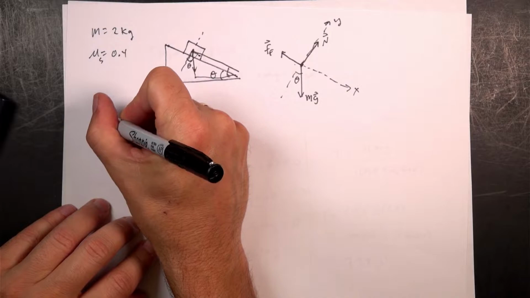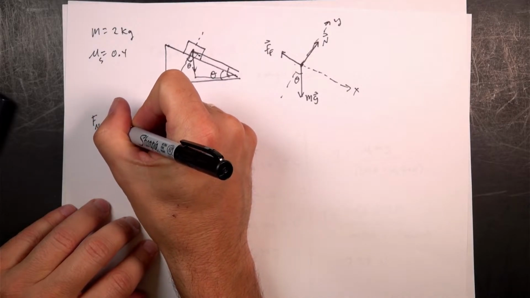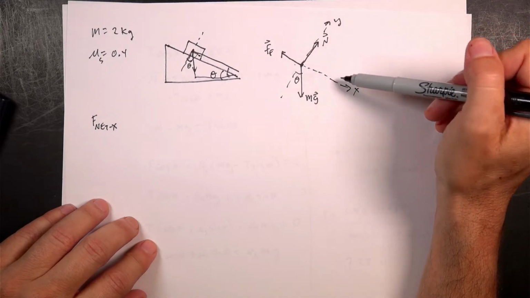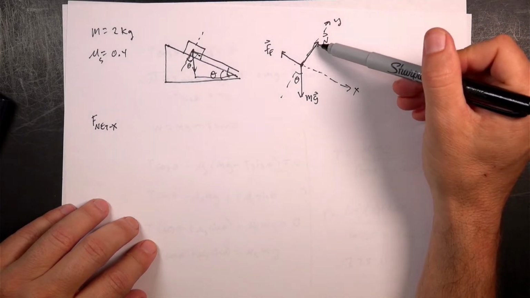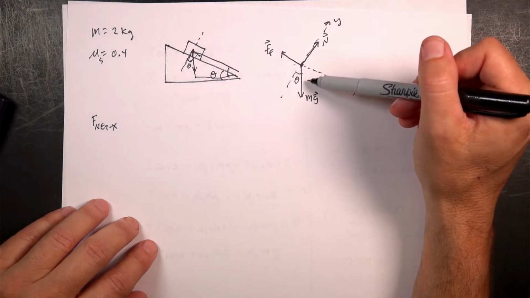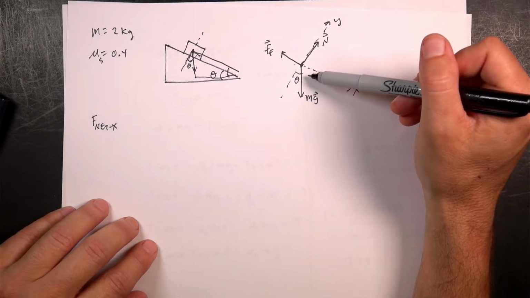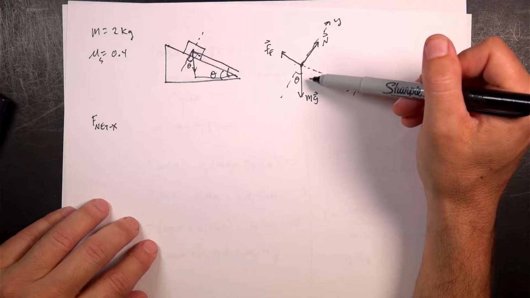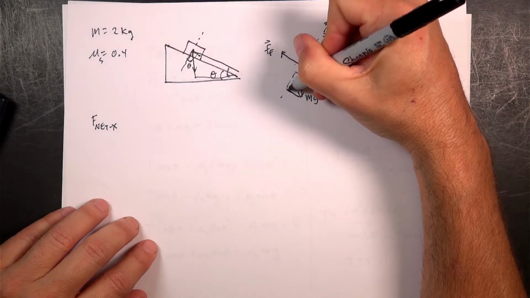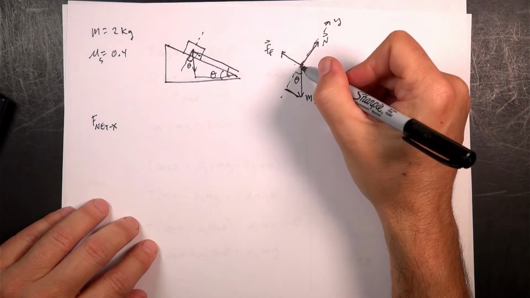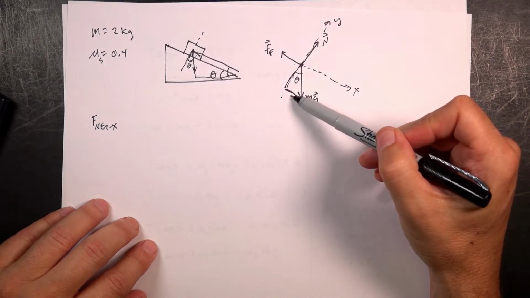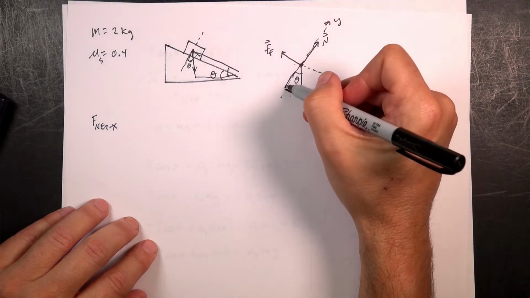Okay, so now we need to write down our force equation. So let's start with F net x. So what forces are in the x direction? And this is my x direction now. So is the normal force in the x direction? No. Is friction? Yes. Is gravity? Yes. A component of the gravitational force is in the x direction. So if you look at it right here, that's the x component of the gravitational force, and that's the opposite side of this right triangle.